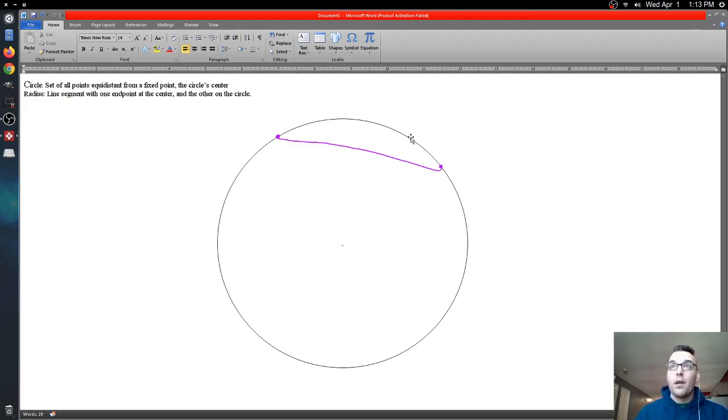But just as easily, I could say, when I take those 2 points on the circle, they're also tracing out a portion of the circle. That portion of the circle is known as an arc. So an arc is literally just a portion of a circle.